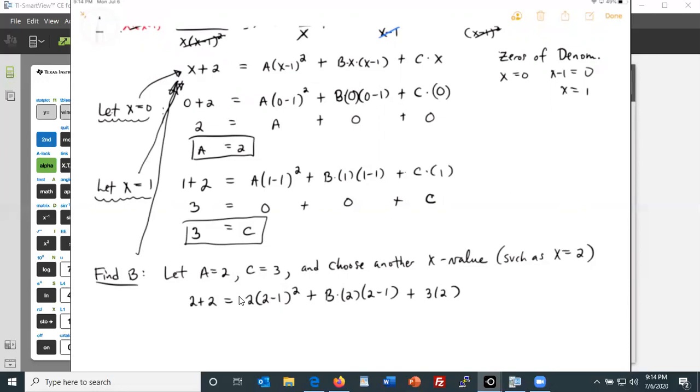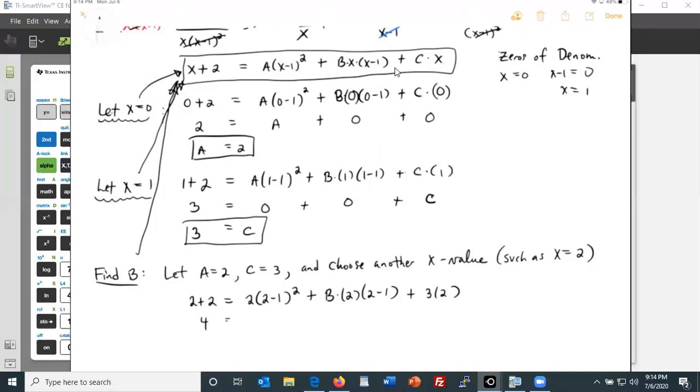So I just filled everything in to this equation up here, my a and c numbers, and I chose x to be 2. I could have also used x equals 3 or 4 or whatever. I just can't use 0 or 1 again.